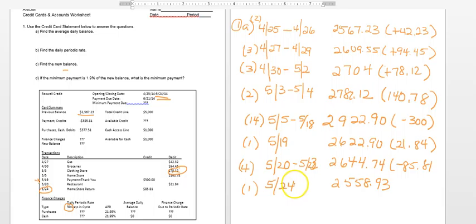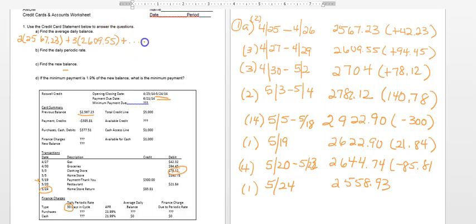Now, to calculate the average daily balance, which is what you're being asked to do, you have to take the number of days and the balance for that time. So for 2 days, my balance was $2,567.23. Plus, for 3 days, my balance was $2,609.55.